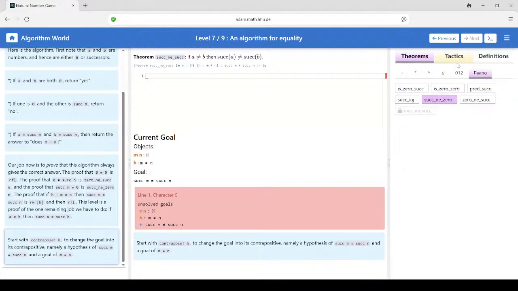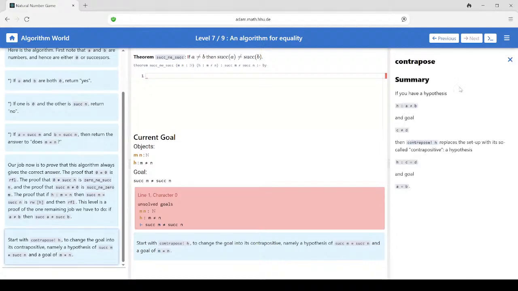Wait, is that a new tactic that it gave me? Yeah, contrapose. If you have the hypothesis A does not equal B and the goal C does not equal D, then contrapose H replaces the setup with its so-called contrapositive hypothesis C equals D and the goal A equals B. Okay.